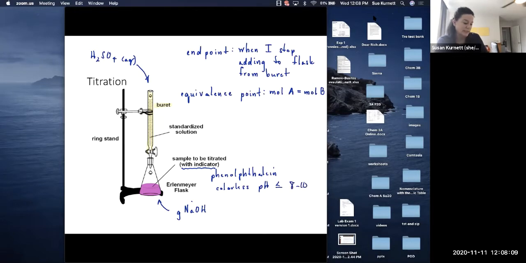So when it's acidic. pH 7 is neutral, pH less than 7 is acidic, but it goes from 7 to like 10 with just 1 drop of base, so it doesn't take much. And then it is pink when the pH is basic.